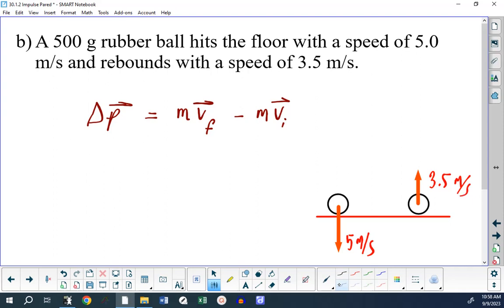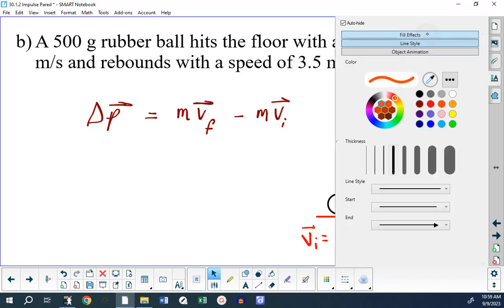But if you want to talk about velocity, the velocity initially is negative 5 because it's moving down. The velocity afterwards is positive 3.5.